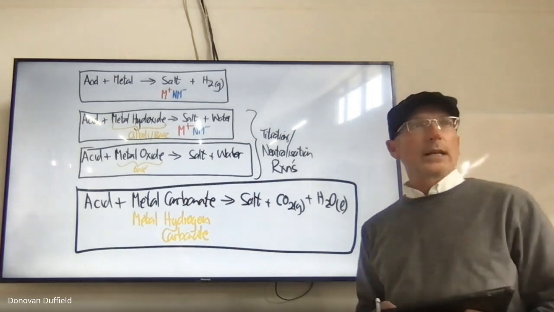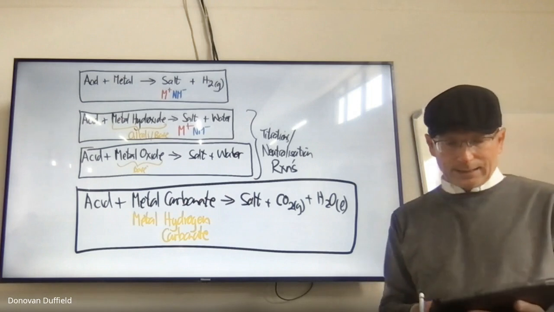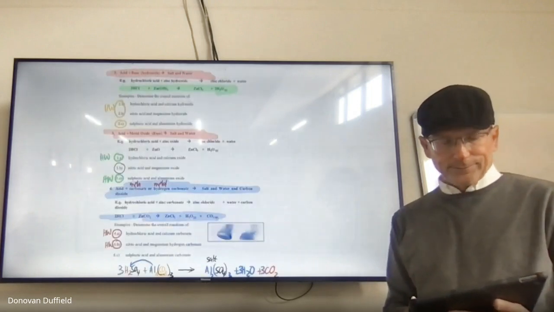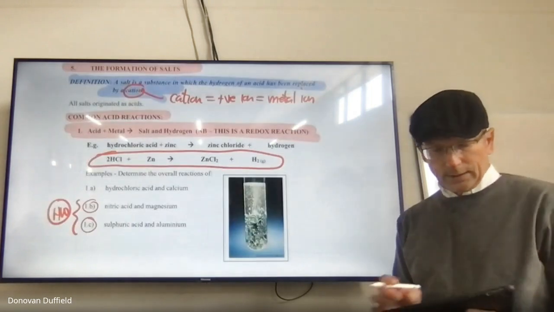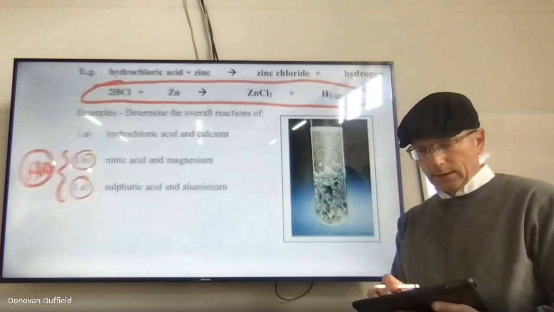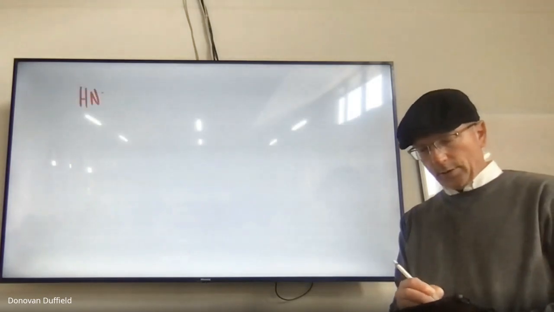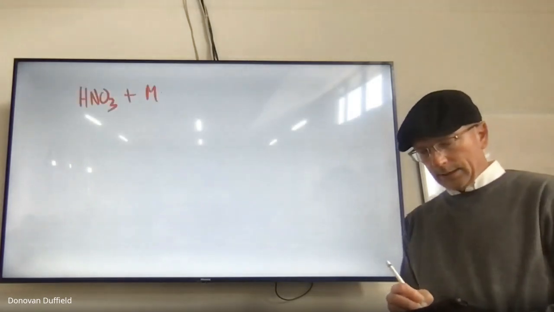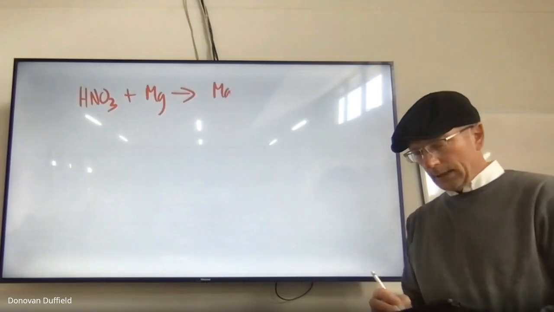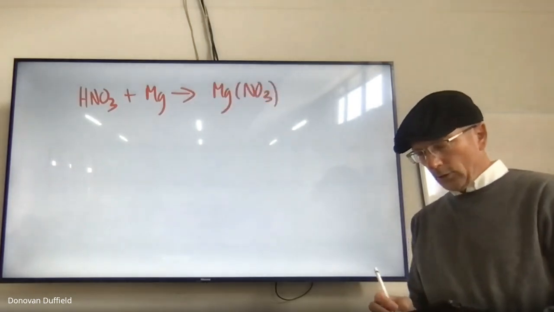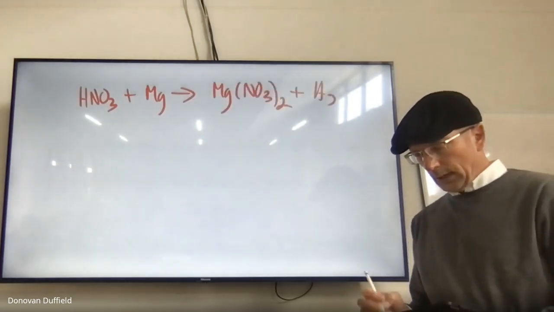Right, so are you ready? Are you steady? Let's go. Okay. So, homework. Nitric acid and magnesium. Nitric acid, HNO3 plus magnesium produces Mg(NO3)2 plus hydrogen gas.